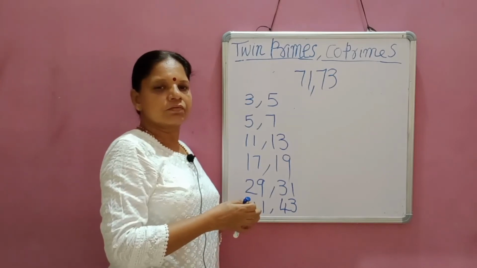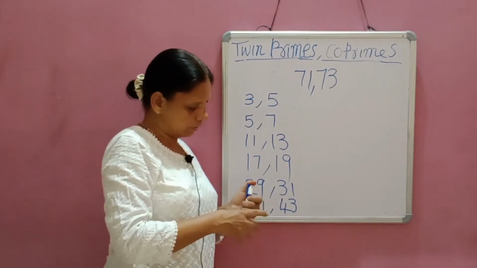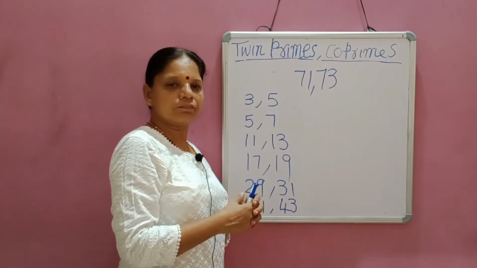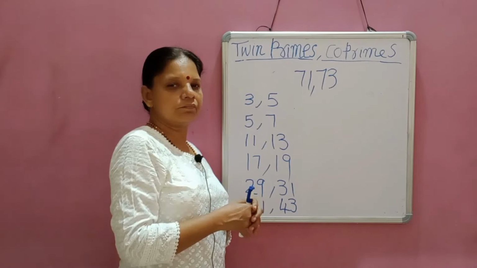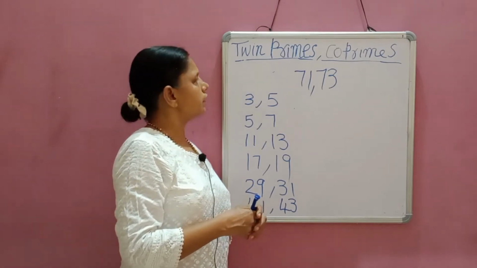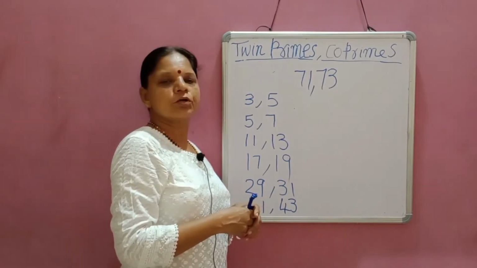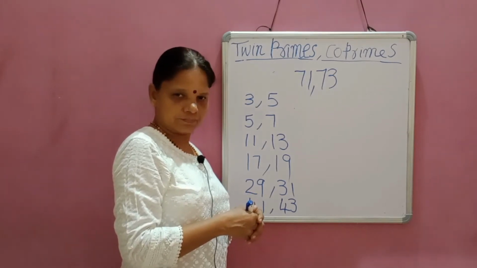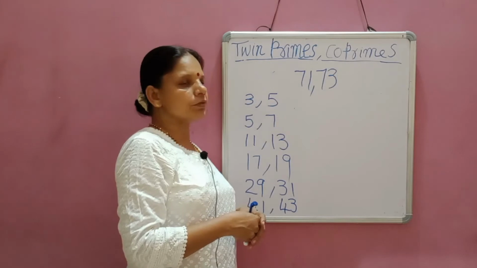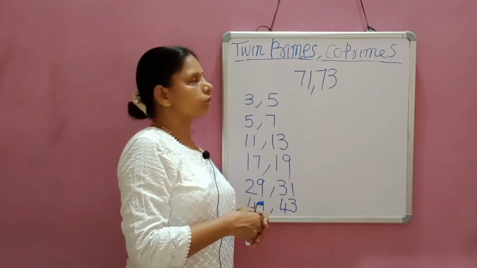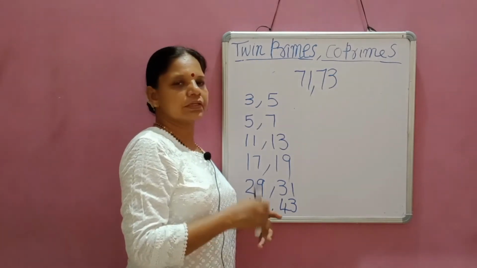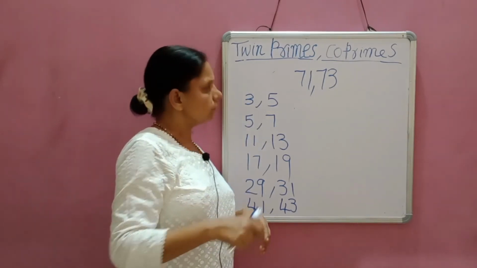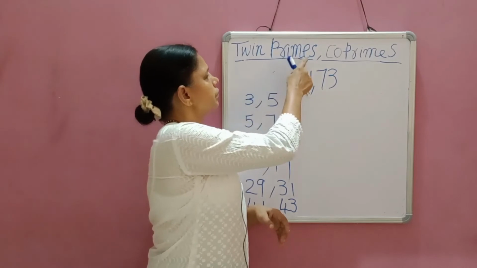If there is one and only one composite number in between the two prime numbers, then they are called twin primes. Or the difference between the two twin prime numbers is 2. Clear? That is about twin primes.